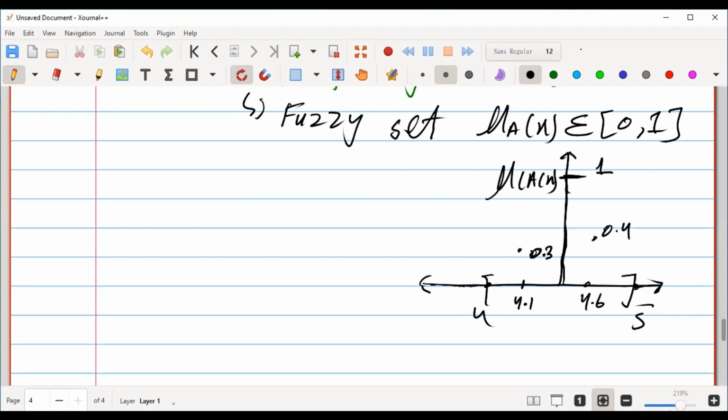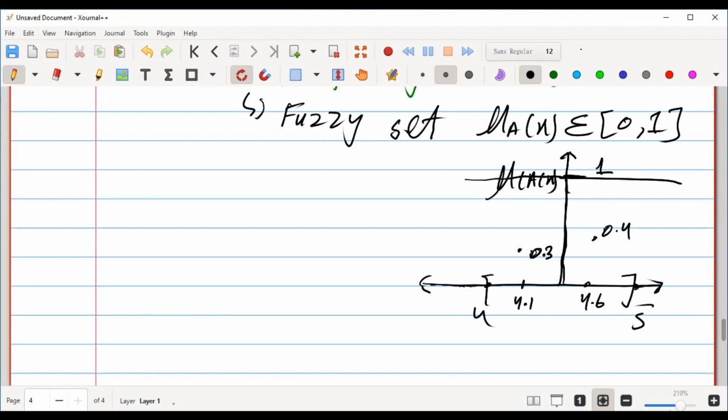We can say that the membership function of fuzzy number must lie between 0 and 1, but the membership function of crisp value is only 0 and 1. For the interval 4 and 5, the crisp membership function is 1, but the fuzzy is not 1. It is between 0 and 1, any value.